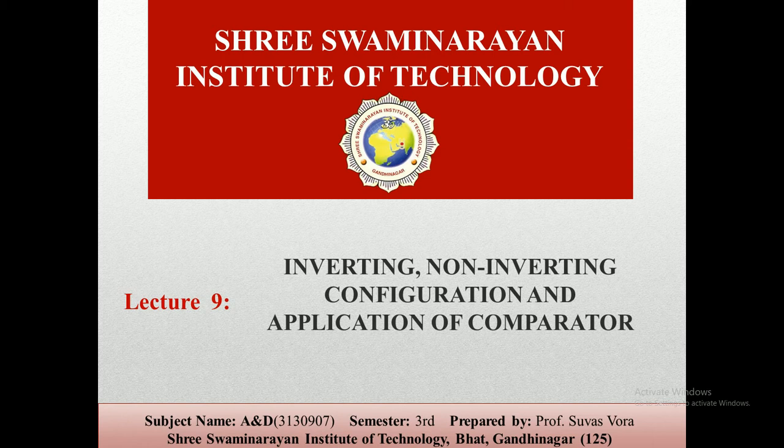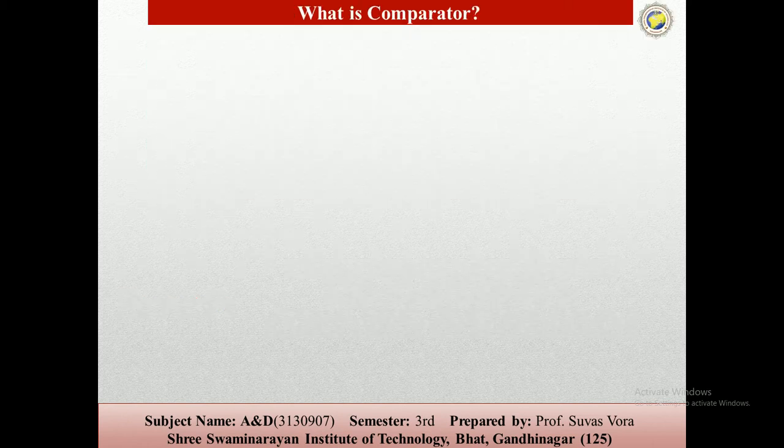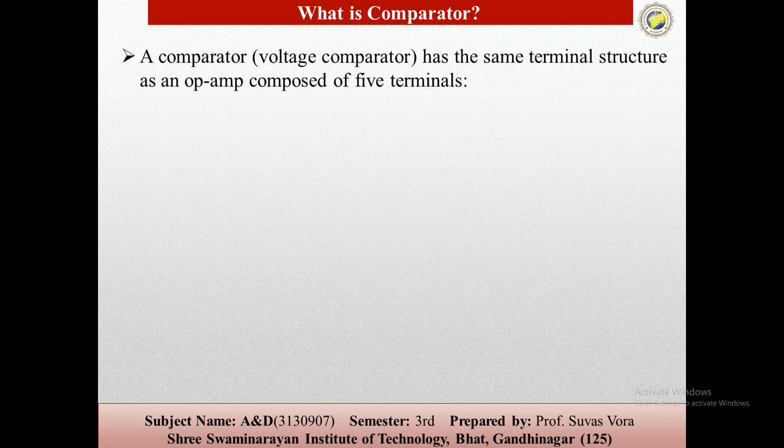So our first question is, what is a comparator? A comparator is a circuit which compares the signal voltage applied at one input of the op-amp with a reference voltage at the other input, and produces either a high or low output voltage depending on which input is higher.